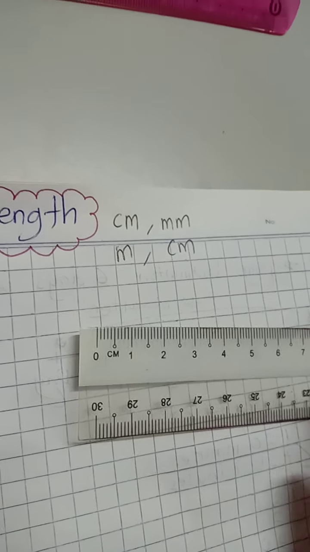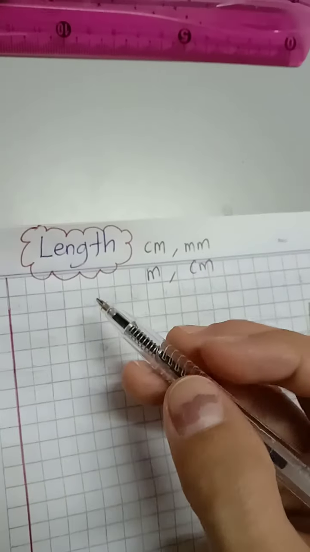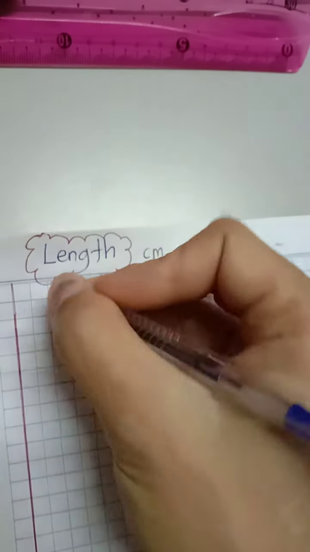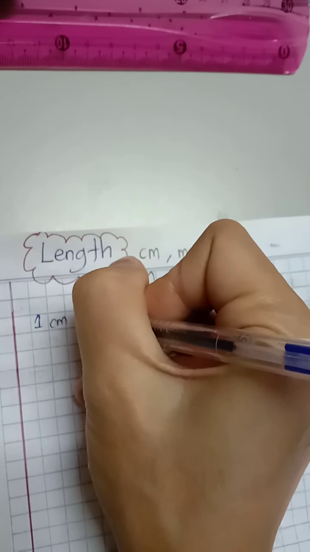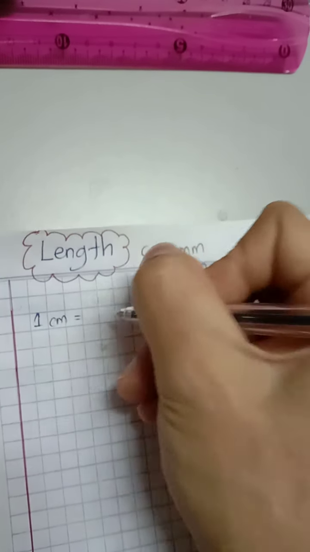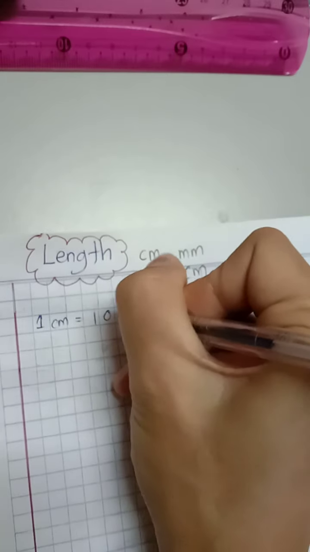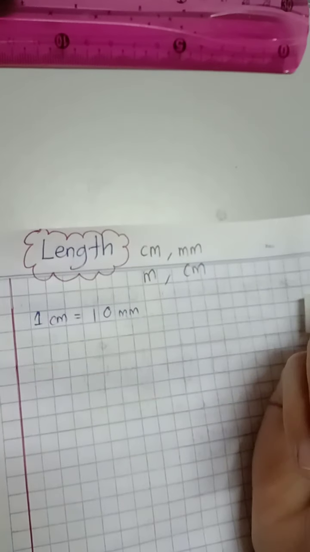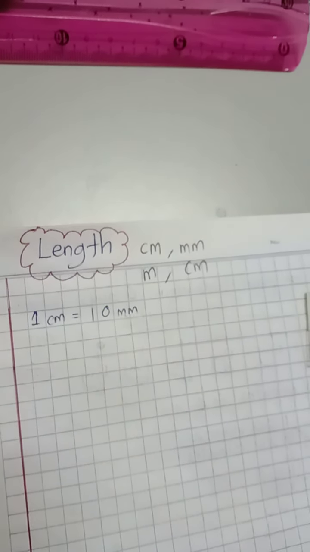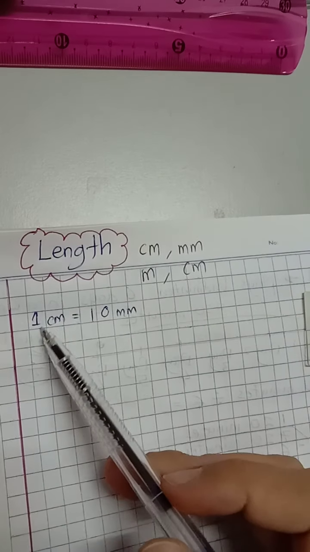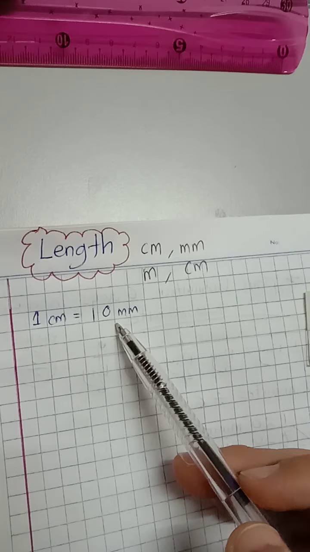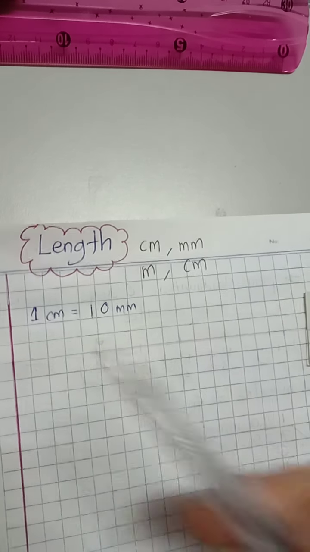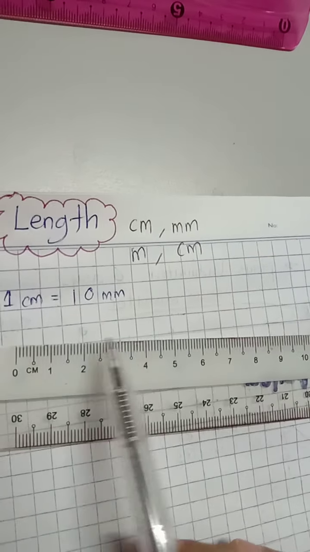Okay, so remember this, 1 centimeter is the same with 10 millimeters. Okay, so it means if there are 2 centimeters, that will be 20 millimeters. Let's check.